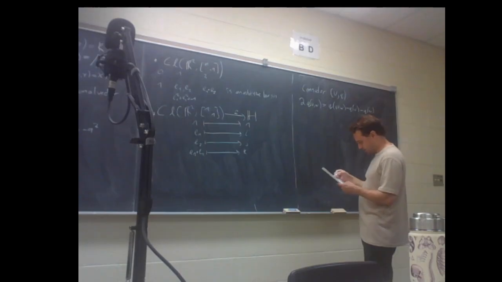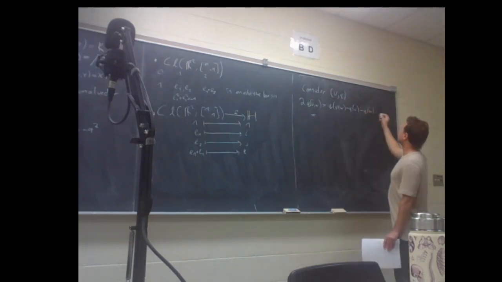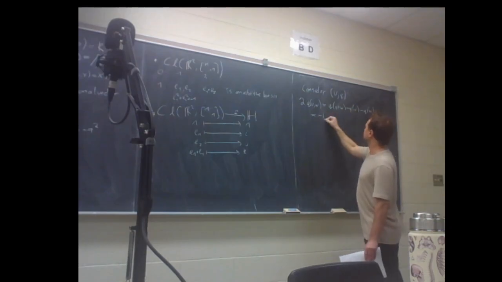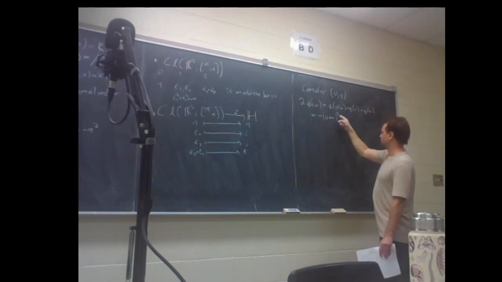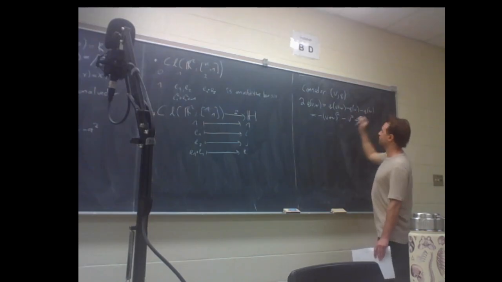In the Clifford algebra, these are going to be minus (V plus W) squared, as an element where this multiplication is now happening in the Clifford algebra, minus V squared minus W squared.